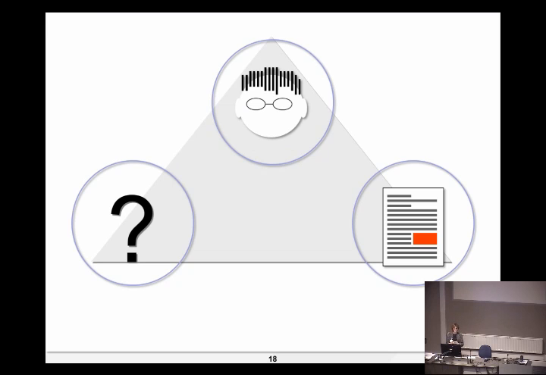And the relevance is always in the eyes of the user. Two people can pose the same query, but each of them is looking for something slightly different. The relevance is dependent. For example, I could be a first-year student and I'm looking for something about the syndrome. I need a different type of material than a practitioner, a doctor, who has a patient waiting and needs to give him an answer.